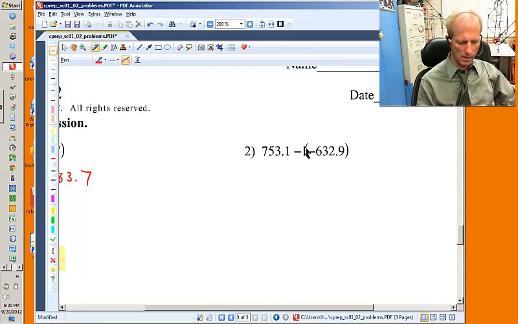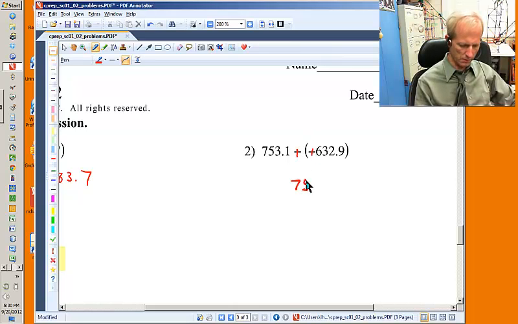And then in the last one here, once again this is going to turn into addition. 2 negative signs make a positive, so I end up with that.